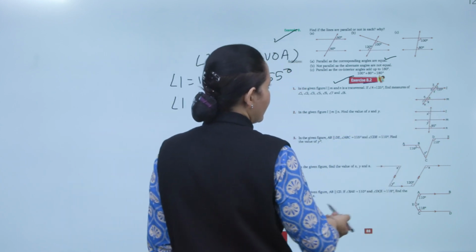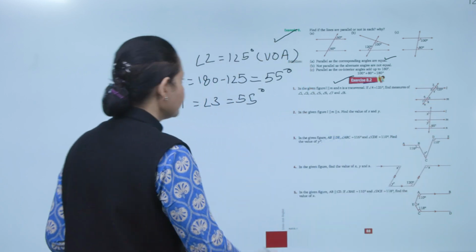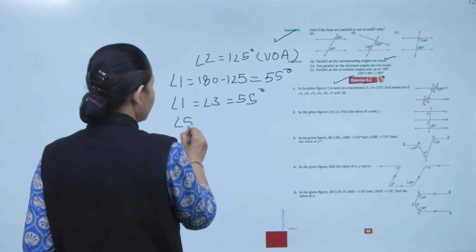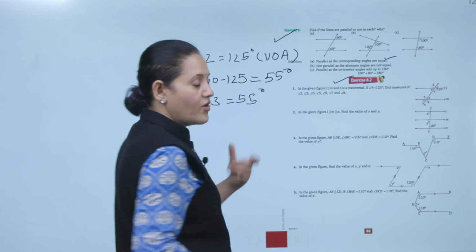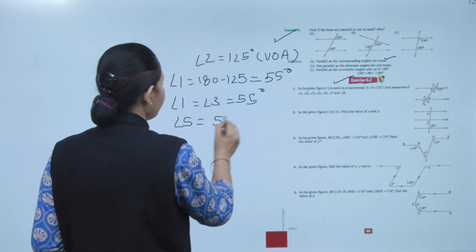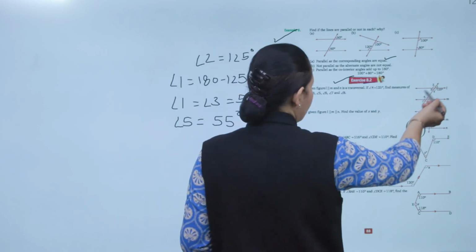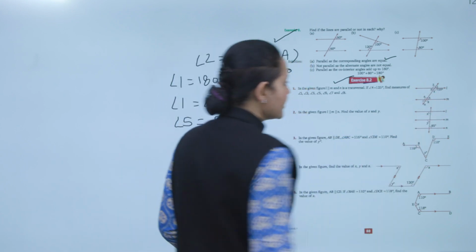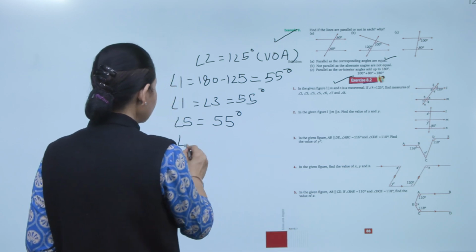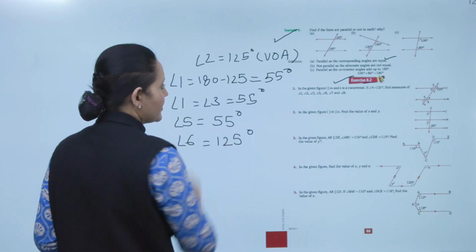Now, as we know, 4 and 5 का जो sum है, that is 180 degree. So, angle 5 equals to हो जाएगा 180 minus 125, that is 55 degree. Clear? Now angle 4 and 6, they are alternative interior angle. So angle 6 equals to हो जाएगा 125 degree.